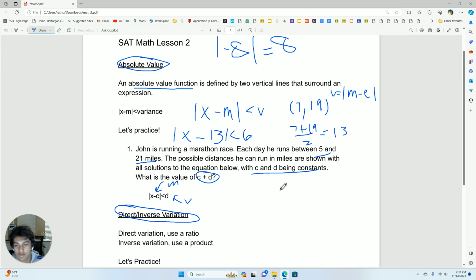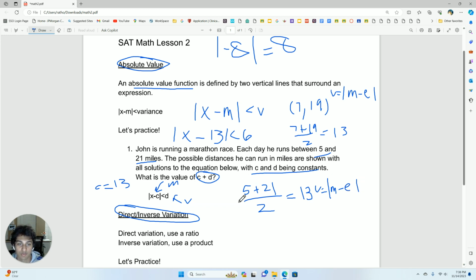Let's first solve for c because that's probably the first step we want to do. The midpoint is just the average of the two endpoints. That's 26 over 2, which is 13. We already did that, so c is 13. And now is where it gets different. The variance is, like I said earlier, the absolute value of the midpoint minus one of the endpoints.